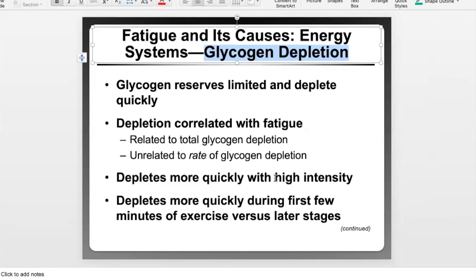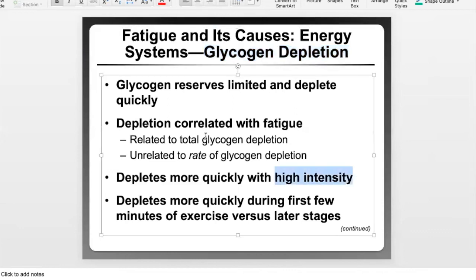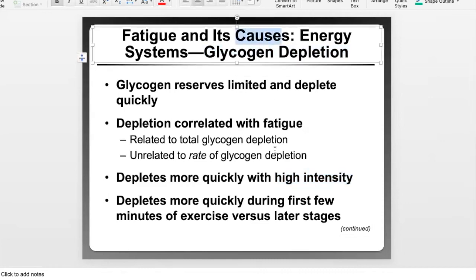Now, the higher the intensity of exercise, the quicker this glycogen reserve is going to deplete. So one cause of fatigue could be the intensity of the exercise. But that's sort of indirect, because what's really at play is that the intensity of the exercise is breaking down the glycogen too fast, or I don't have enough glycogen stored.